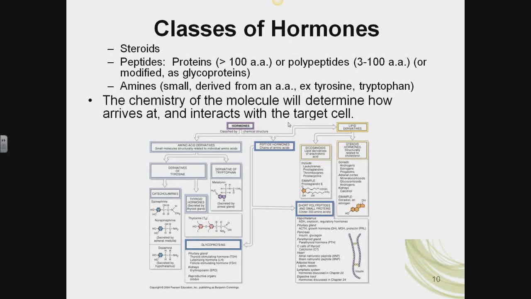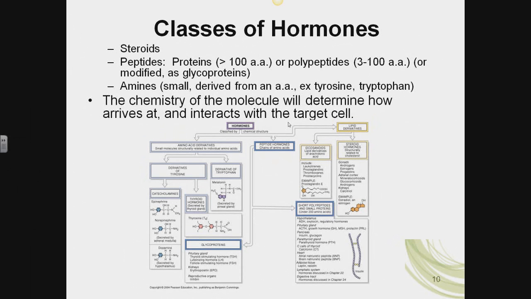In no way do I want my students to memorize this picture. It just shows you that the largest class of hormones is the protein/peptide class. The smallest hormone classification are the single amino acid derived hormones, the catecholamines, where they're derivatives of tyrosine, as shown here.